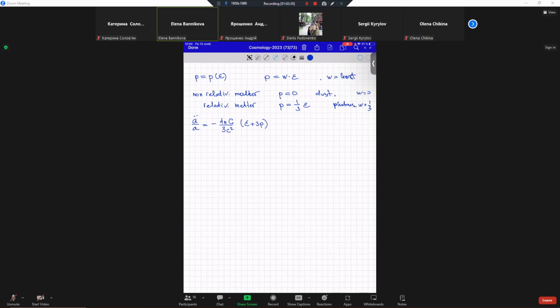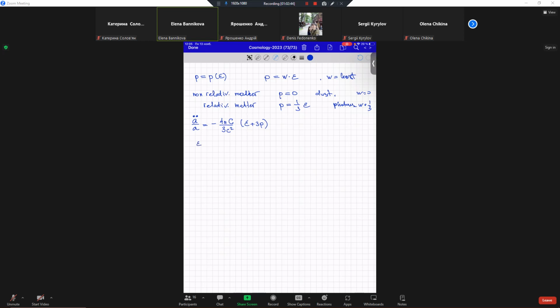We can see that this equation tells us something interesting, because it depends on what sign is in these brackets.